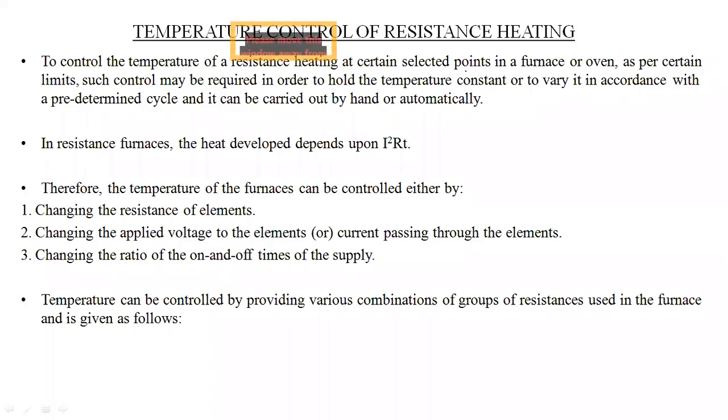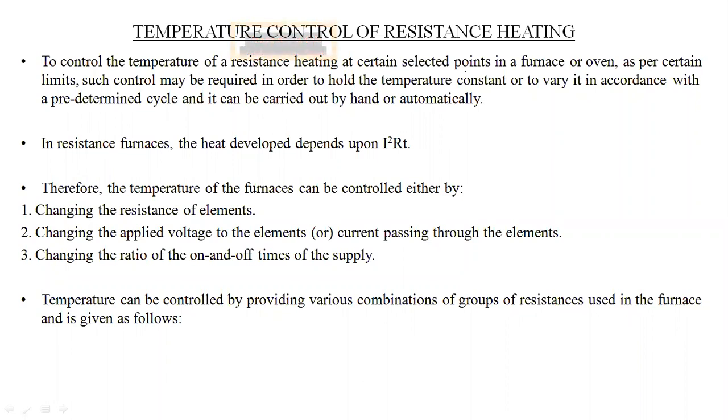Here are some of the points you have to consider. The main point: resistance heating always depends upon the power loss. I have discussed the same point. The heat transfer by this resistance always depends upon the power loss, that is nothing but I square R loss. So here we have to consider the time period also.